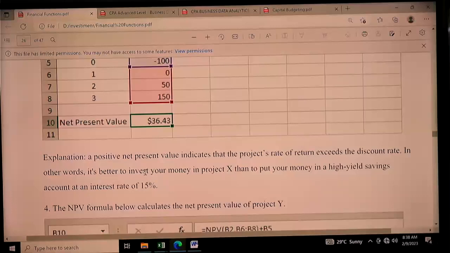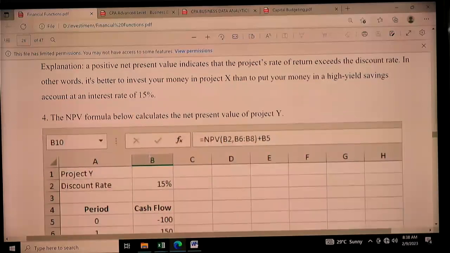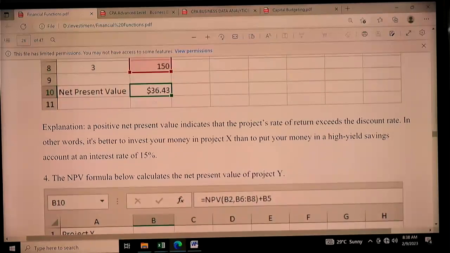So that is about the first project, Project X, which has indicated a net present value of 36.43. Let's see another project, Y.